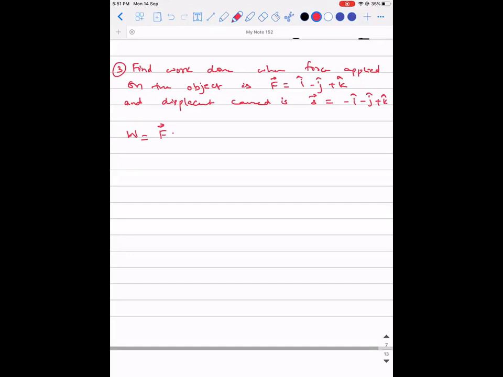F vector dot S vector. But when can you apply this? I told you. You can apply this F vector dot S vector only under one scenario. What is it?